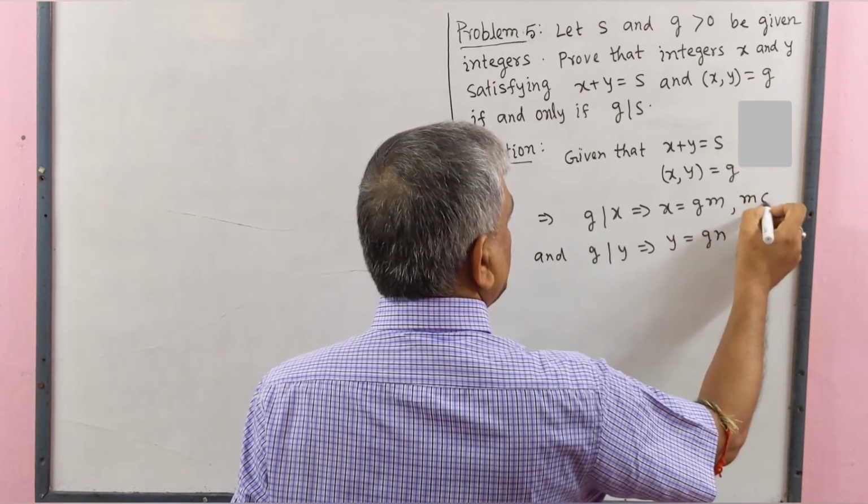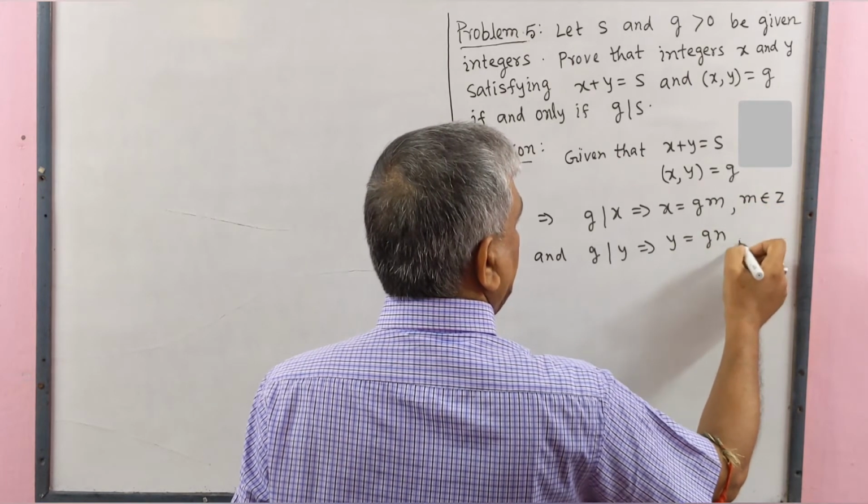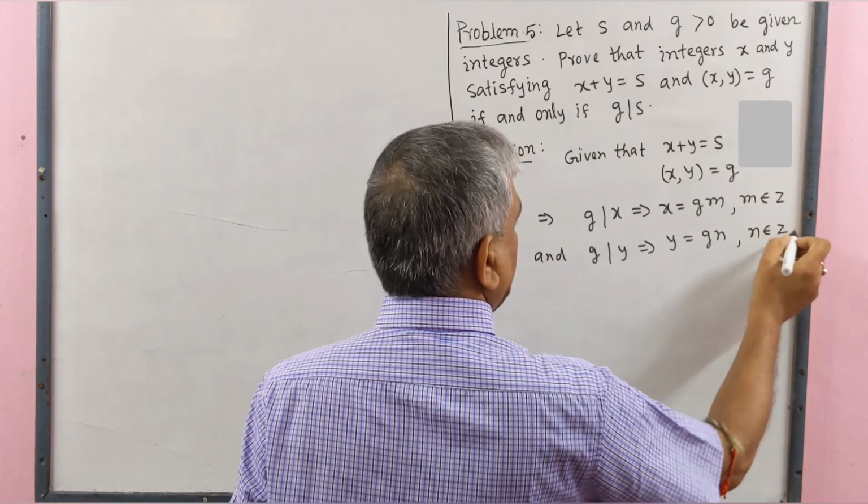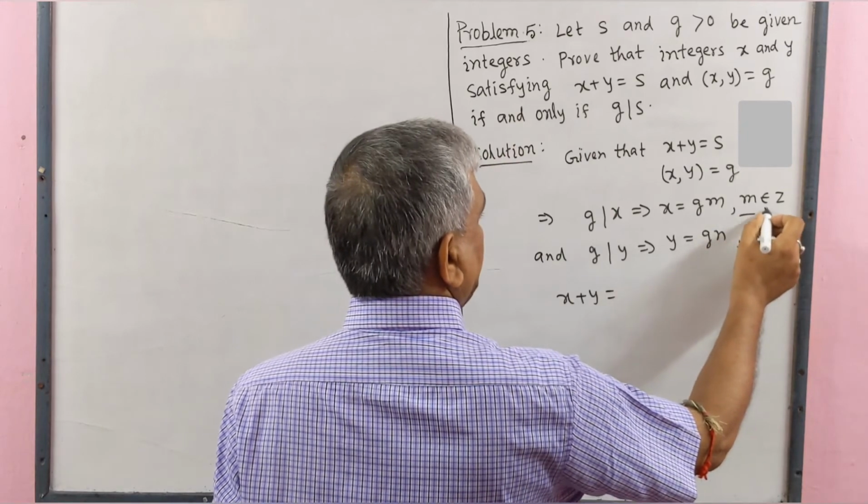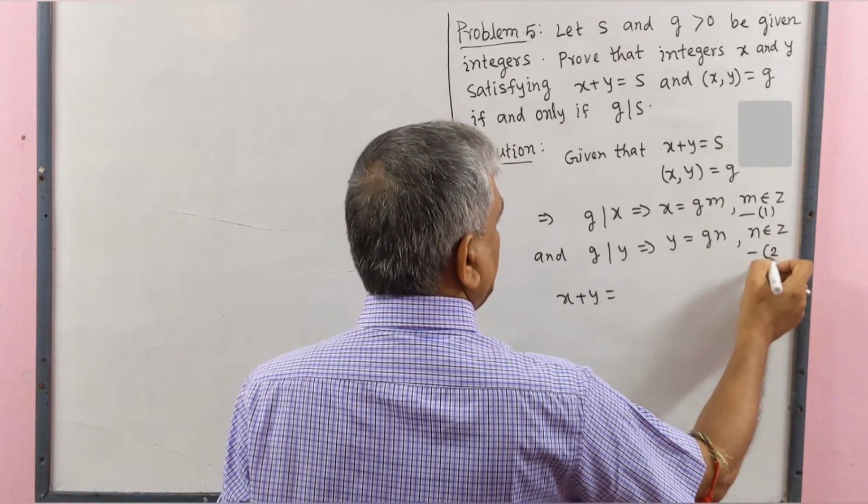Here m belongs to Z and n belongs to Z. This is number 1, this is number 2.